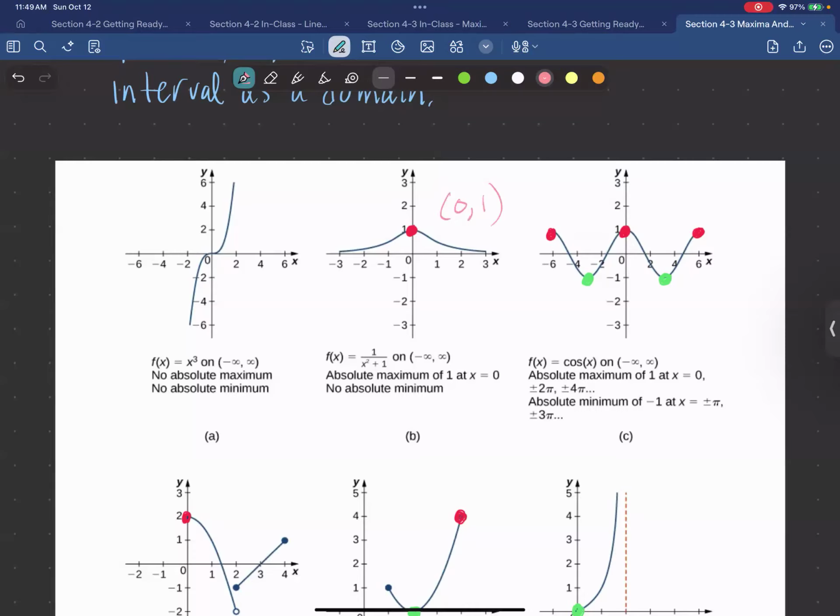We say that's the max, and then we say where it's at. Notice that's an infinite domain. It doesn't show it, but it keeps going on and on and on.